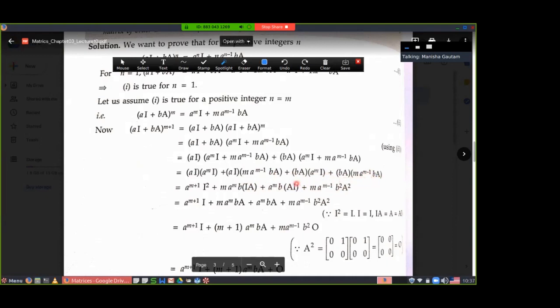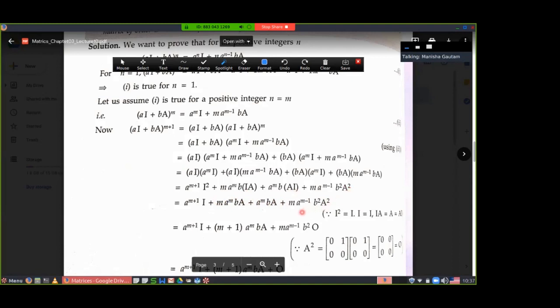In all these multiplications, scalars are multiplied to each other and matrices are multiplied to each other. Now after multiplying matrices, I square: when the identity matrix is multiplied by itself, you will get I as the answer. When A multiplies by the identity matrix, you get the matrix itself. Here also I into A, the matrix itself, and A square as it is here.